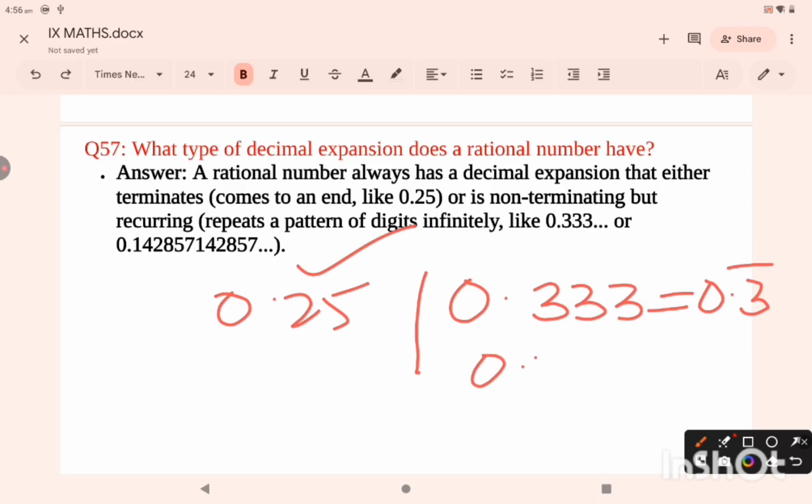Here we know that 0.3 bar is equal to 1 by 3. This is in the form of p by q. So all the terminating decimals and all the non-terminating, repeating decimals are also rational numbers.